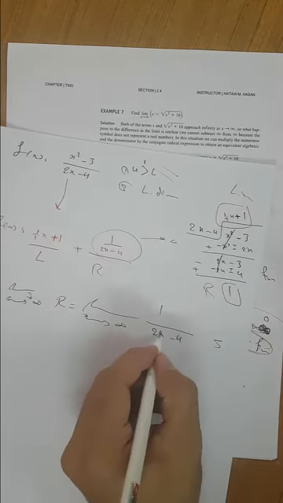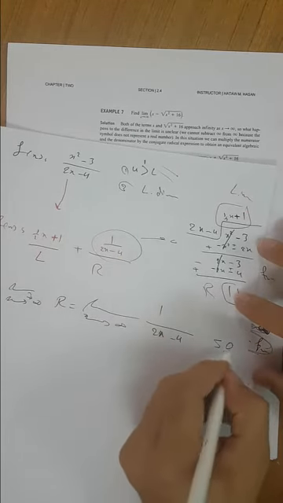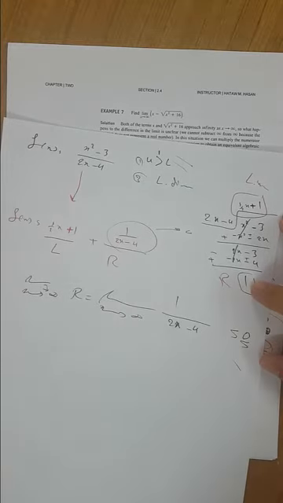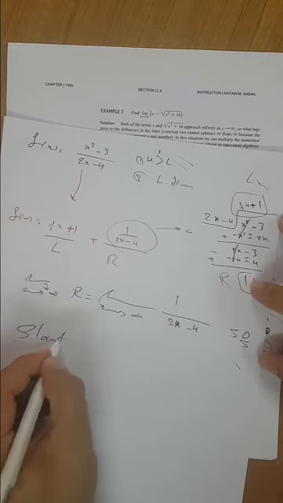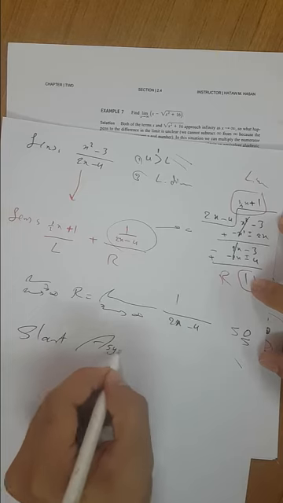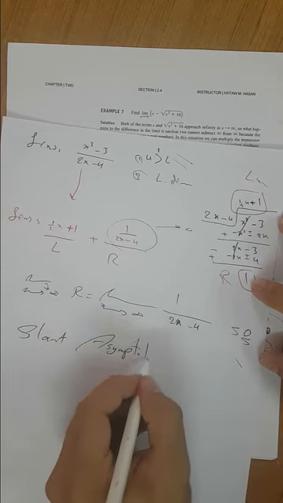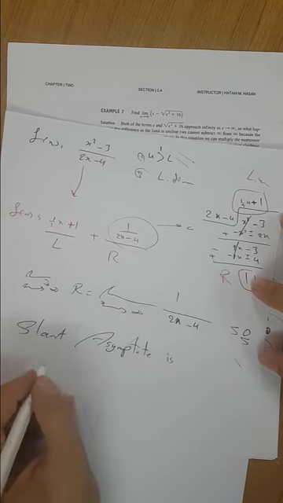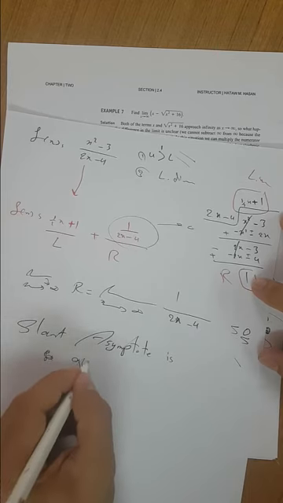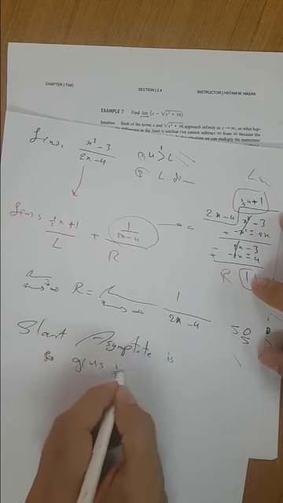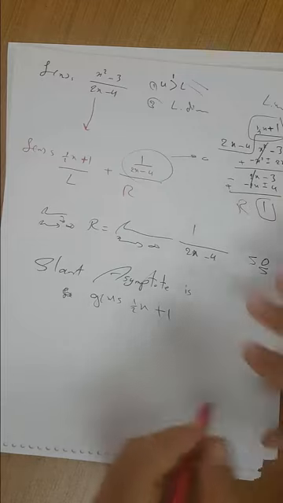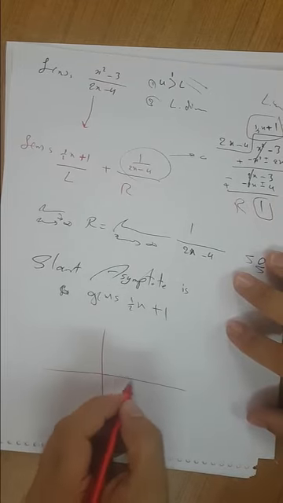You can see if I put infinity here, I get 1 over infinity equal to 0. So our slant asymptote is g of x, which remains 1 over 2x plus 1. So it means here's plus 1.